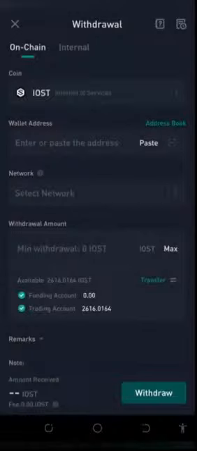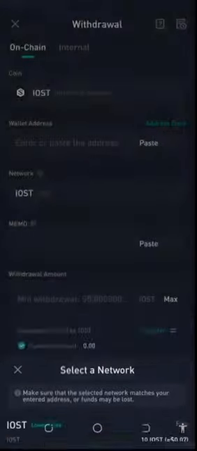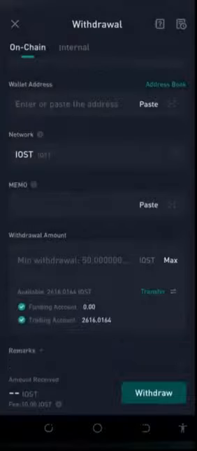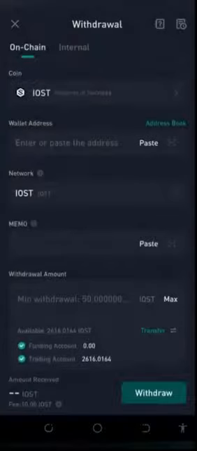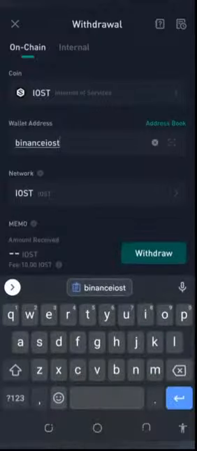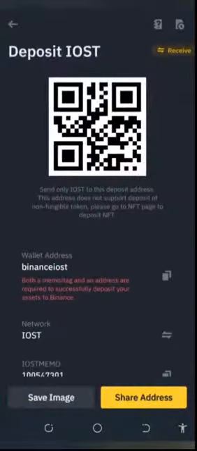And the network is IOST. Yes, IOST. Correct. Where's the address? Okay, so I was looking for the address. That's it. Sorry, I think I copied the wrong thing. Let's go back and copy the right thing.